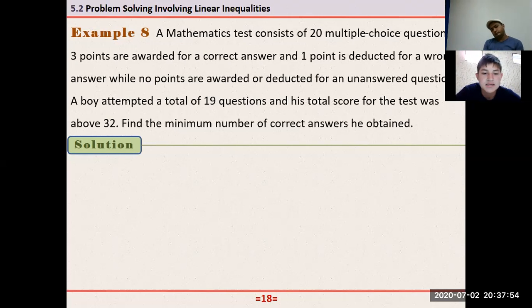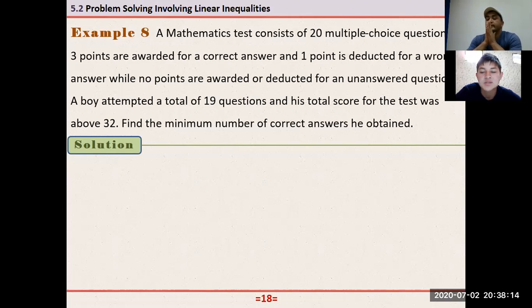A boy attempted a total of 19 questions, and his total score for the test was above 32. Find the minimum number of correct answers he obtained. Read again now.